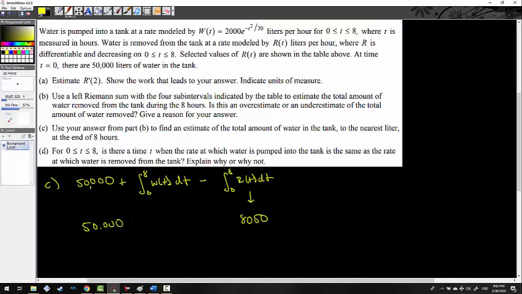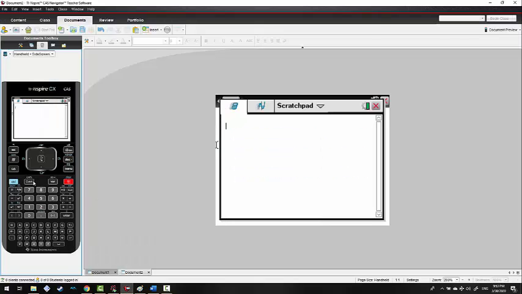So 50,000 here, plus, then I have to figure out what this integral is. Luckily, we have a calculator that will do that for us. I will go shift plus, from 0 to 8 of f1 of x dx. I'll hit enter. That is how much water went into the tank.